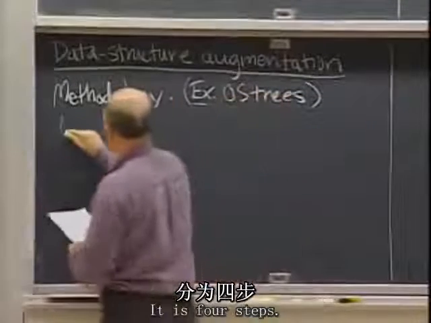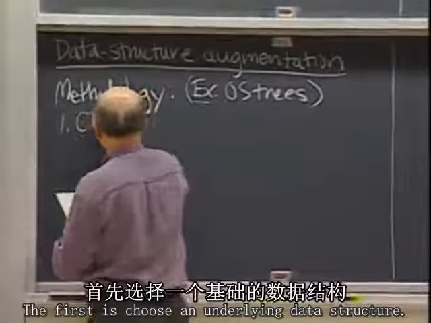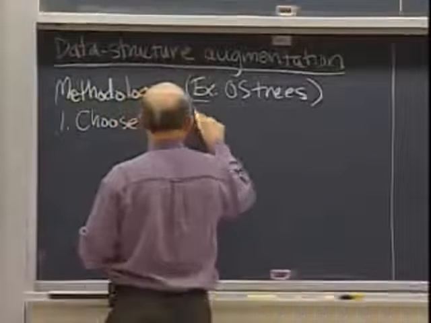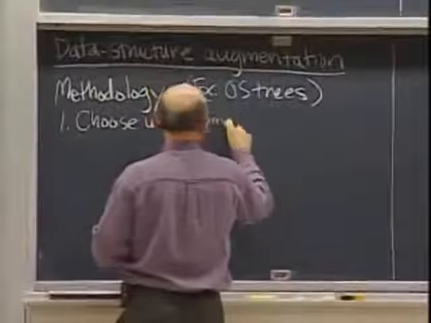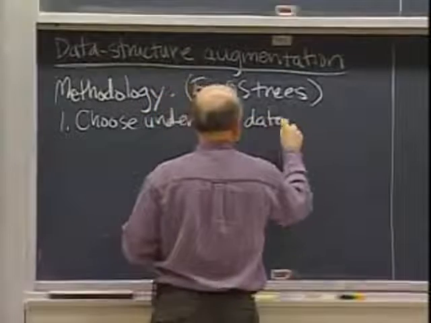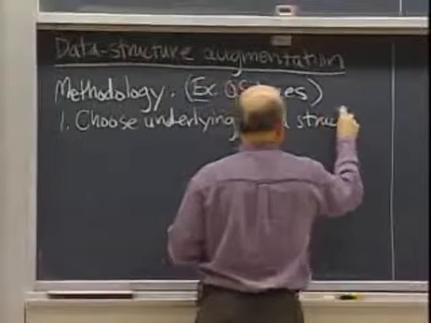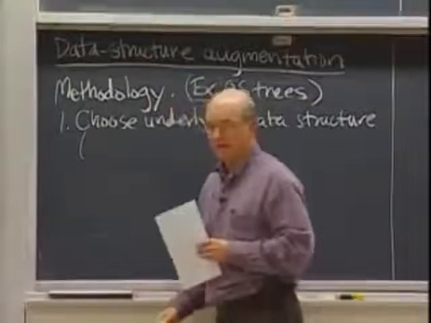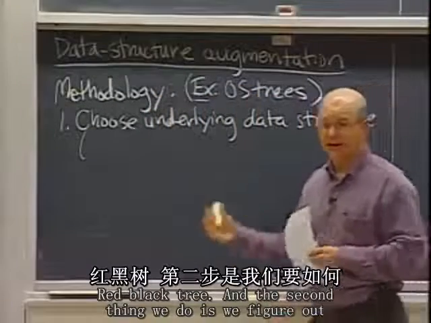So it's 4 steps. The first is we choose an underlying data structure, which in the case of order statistics trees was what? Red-black tree.